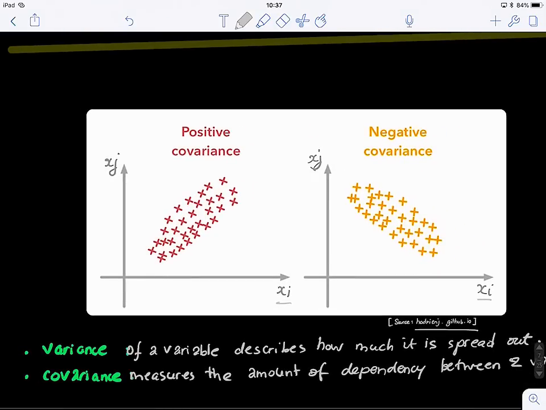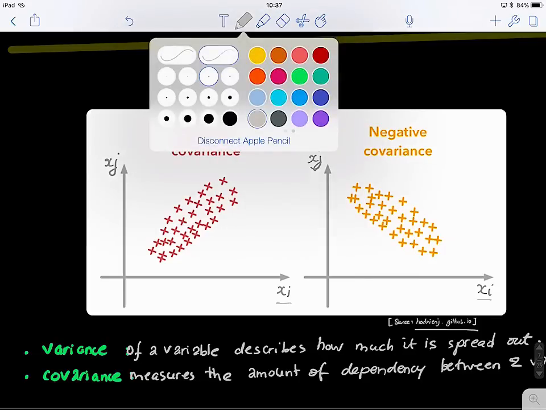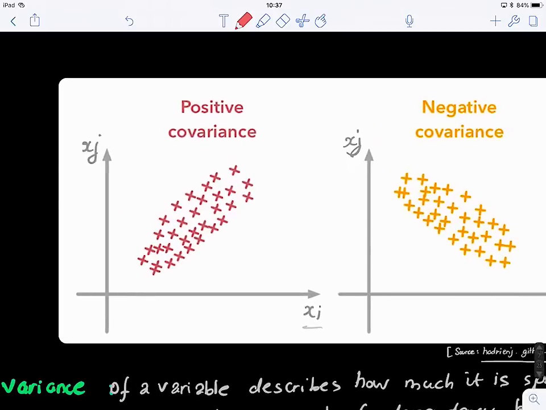So we have positive covariance and negative covariance. Why do we say positive and why do we say negative? What is the definition of a positive covariance between 2 variables? Let's look at this graph very closely. Let's say xi takes this value, and then we want to see when it becomes larger, how does the other variable behave? Does it become larger, smaller, does it increase or decrease? So we look at the increase of the variable xi.